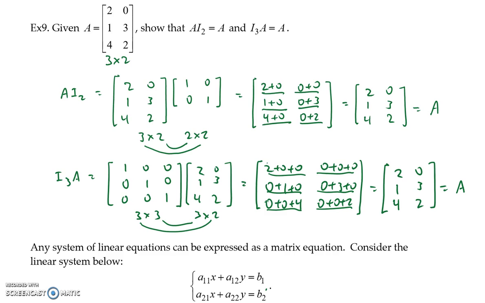Because A is a 3 by 2 matrix, if you multiply A by I in front of A, then you have to have a 3 by 3 matrix so that the number of columns in I matches the number of rows in A. Again, we see this peculiarity of matrix multiplication, and we have to be very cognizant of the order of the matrices and the order in which we do the multiplication. That makes a big difference when it comes to matrix multiplication.